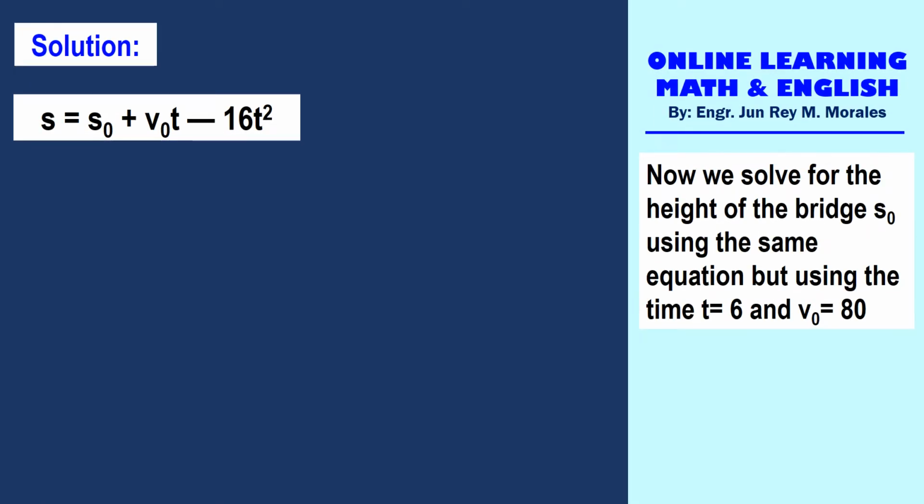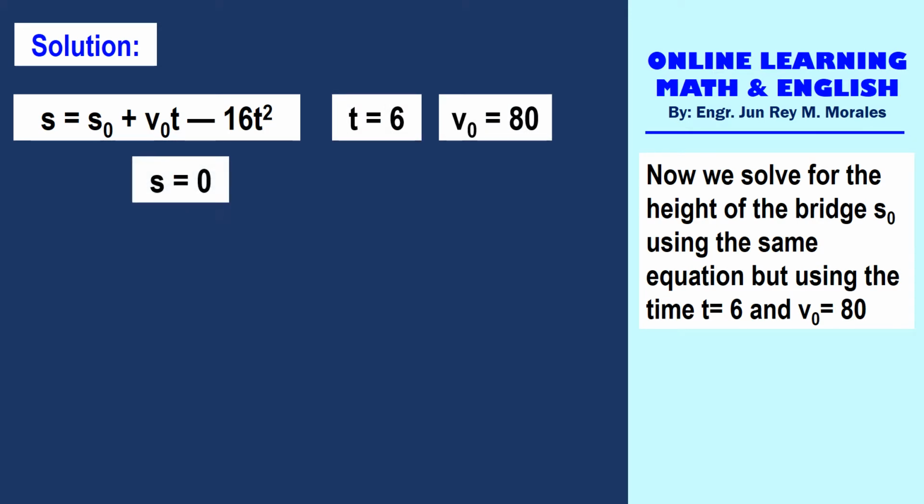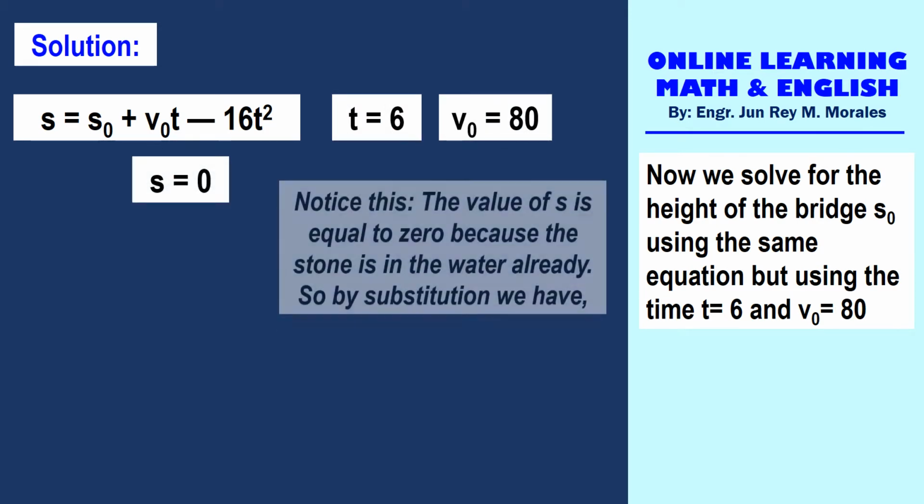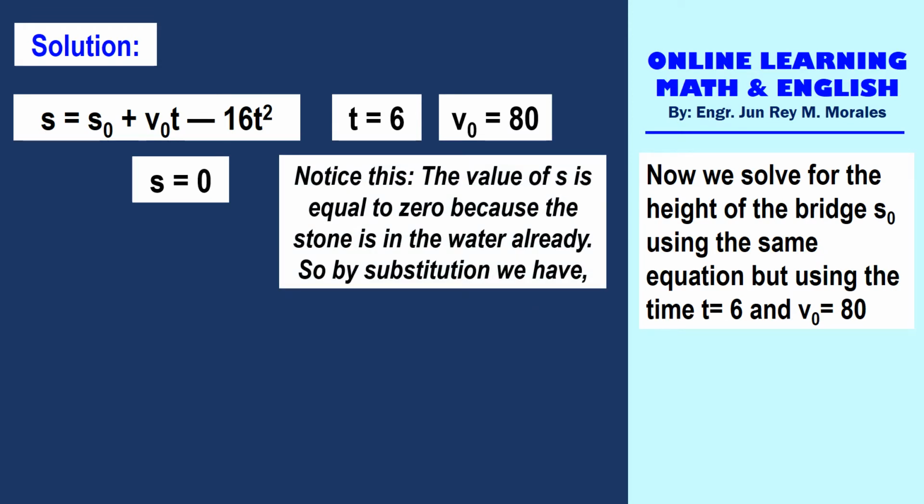Now we solve for the height of the bridge S sub 0 using the same equation, but using the time t equals 6 and V sub 0 is equal to 80. Notice this. The value of S is equal to 0 because the stone is in the water already.